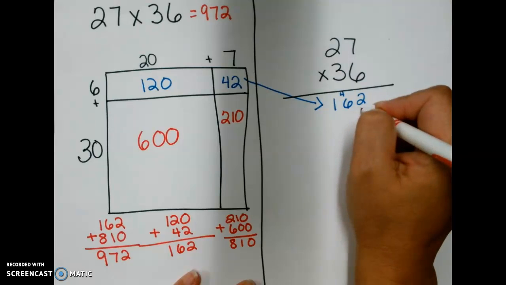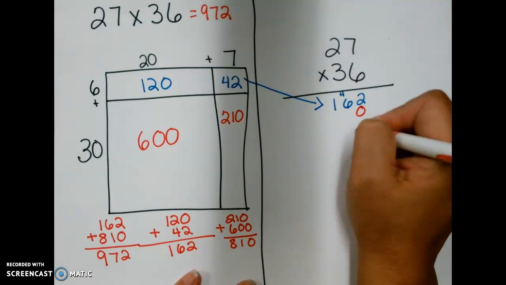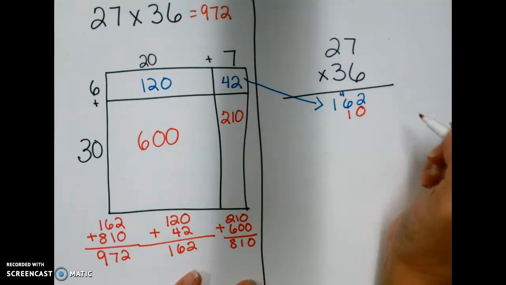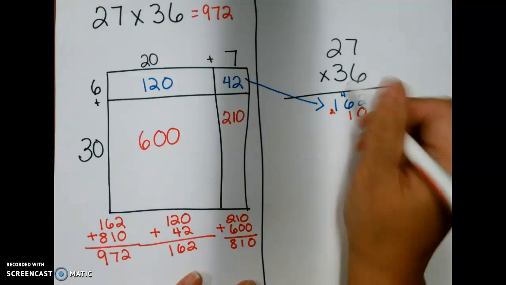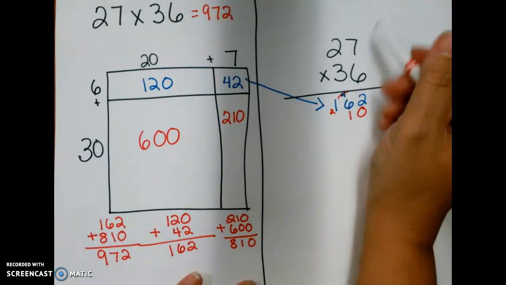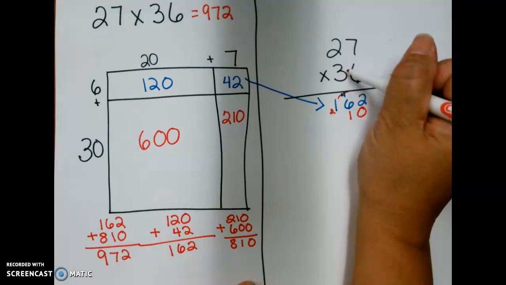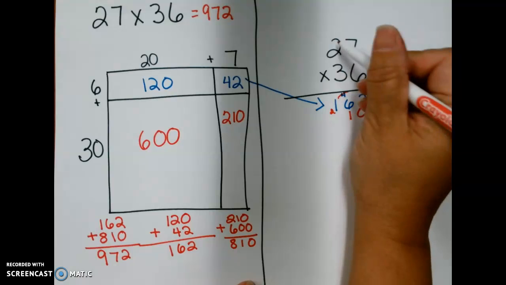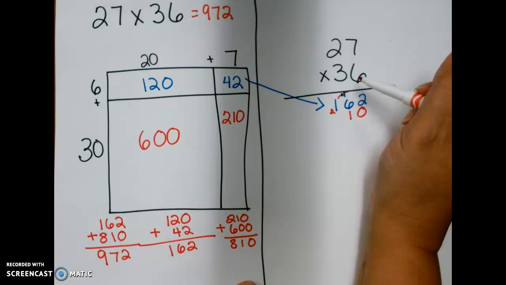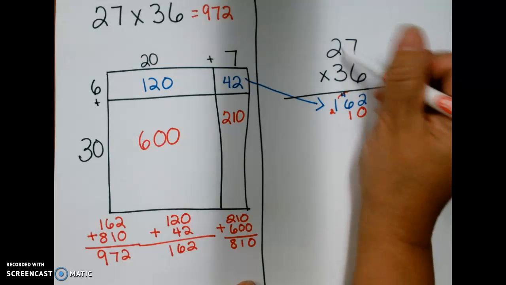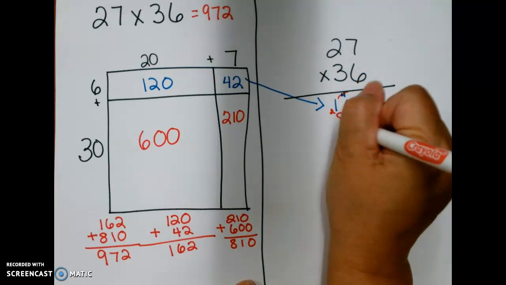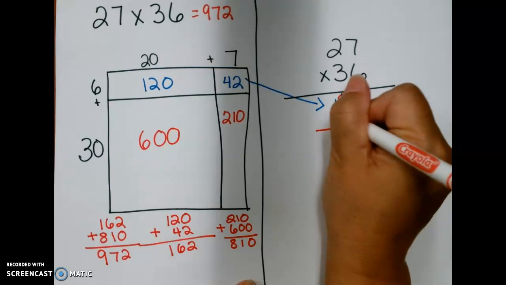So I'm going to write down my 0 in the tens, and I'm going to put a little 2 over here in my hundreds. I've used that one up so I can cross it off. Now I've got 30 times 20, 3 tens times 2 tens, which is 6 hundreds. 6 hundreds plus 2 hundreds is 8 hundreds.